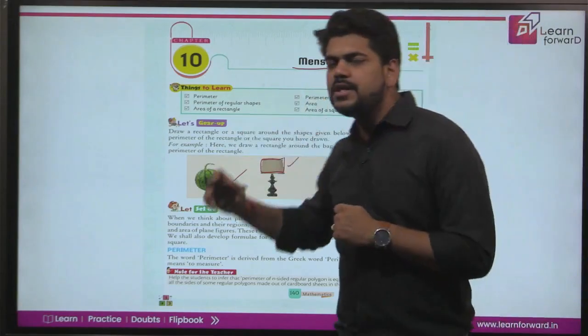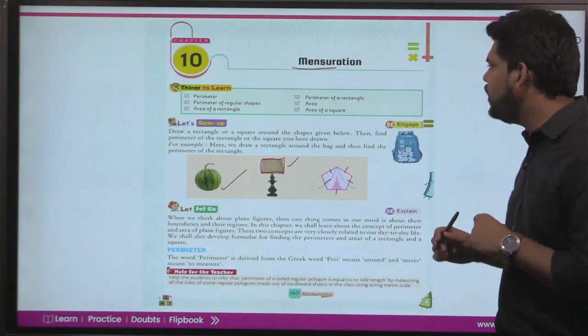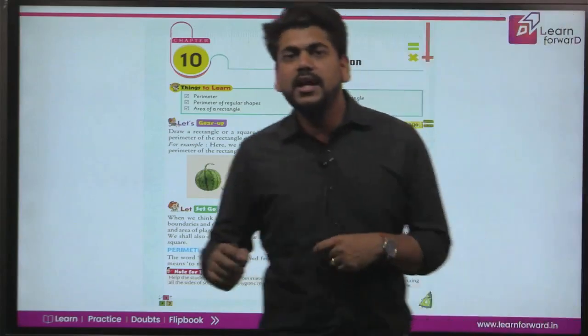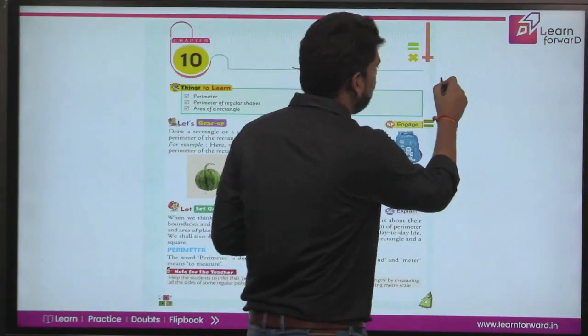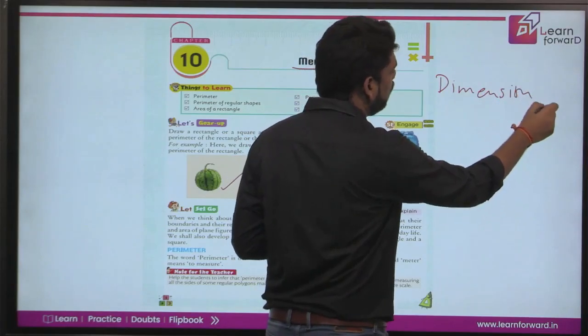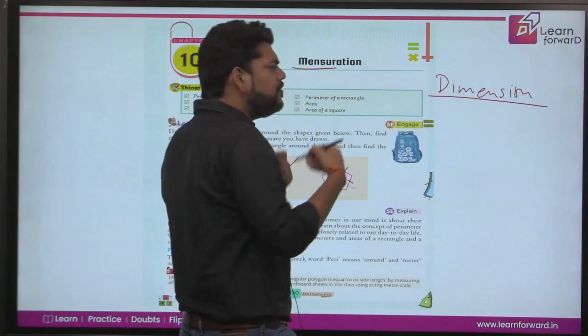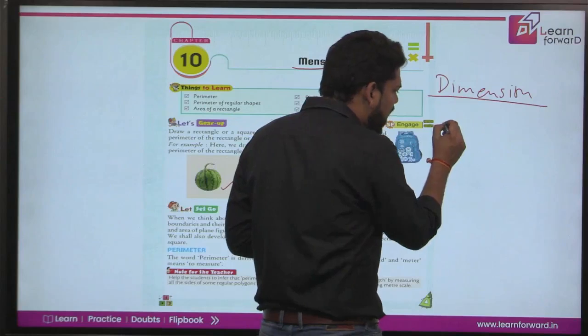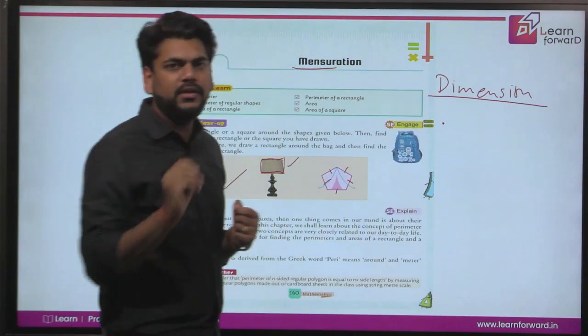Whenever we measure something, there are three things that we need to take care of. First is the dimensions. Our whole geometry starts with a point. Whenever we start to draw anything, we start by drawing a point, right?